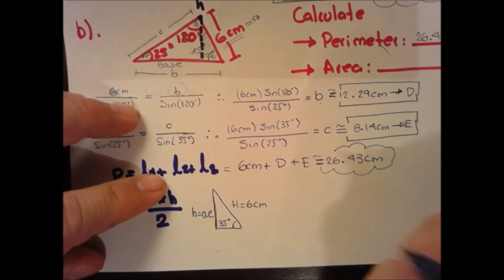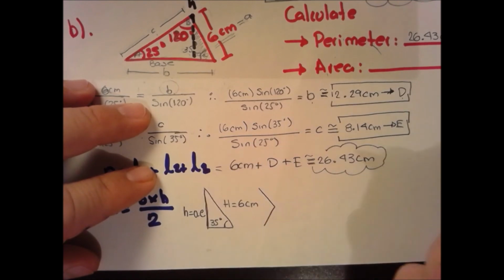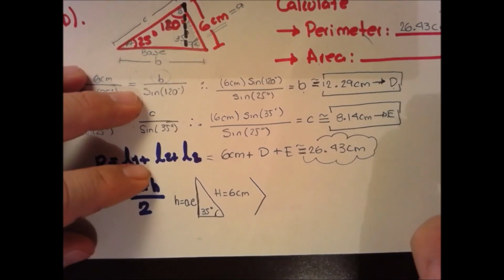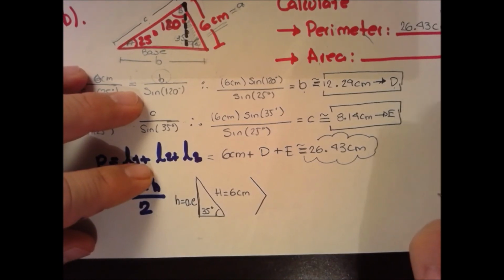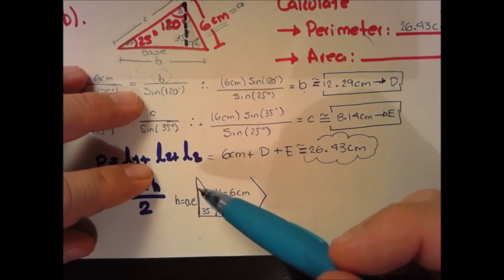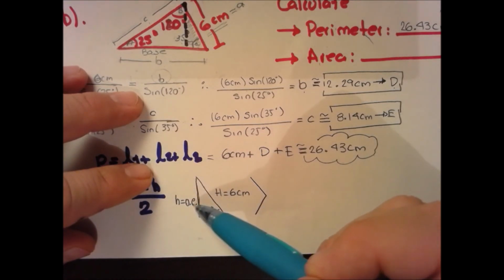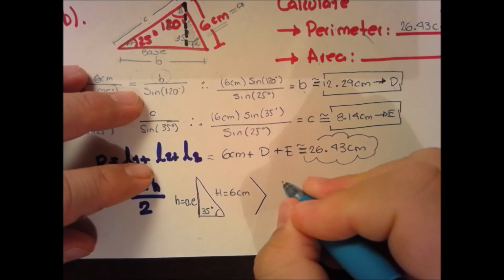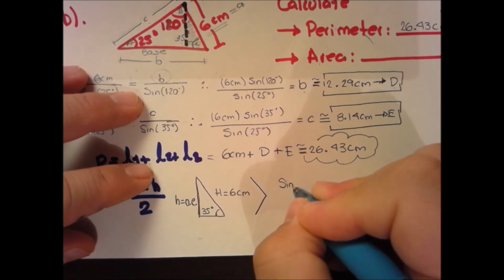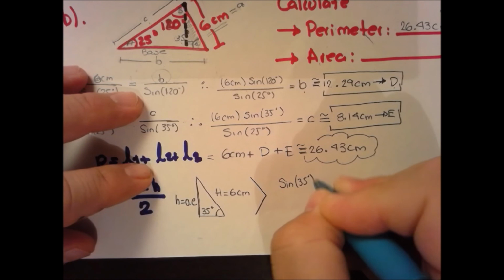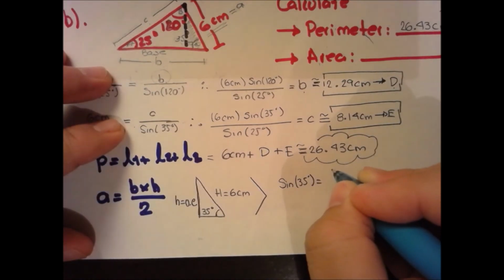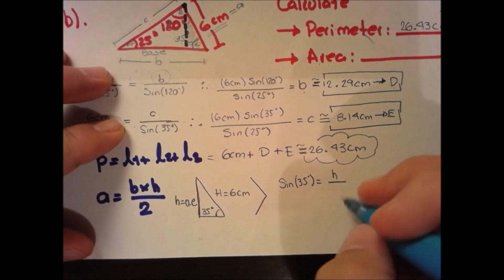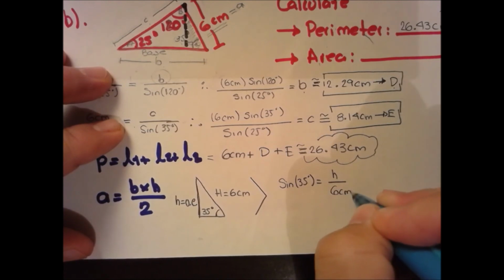Okay, so which trigonometric function are we going to use? Sine, cosine, or tangent? In that case, we're going to use sine, because it's the relation between the opposite side and the hypotenuse. So we're going to write sine of 35 degrees is equal to the opposite side, that is the height, over the hypotenuse, that is 6 centimeters.